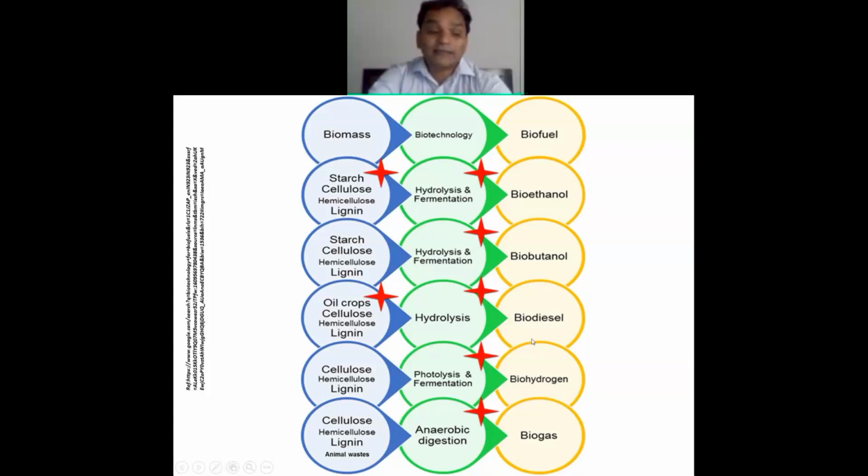Then the same substrate could be diverted into different routes of photolysis and fermentation for the production of biohydrogen. Again, the substrate in animal waste primarily contains these prime resources like cellulose, hemicellulose, and lignin. With the method of anaerobic digestion, we can obtain biogas.